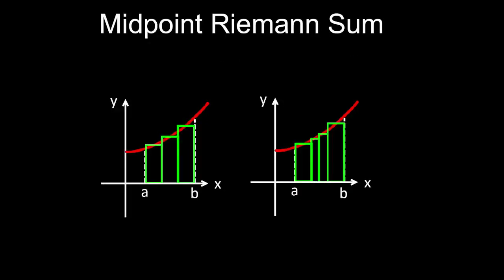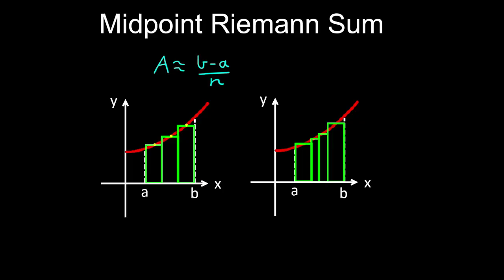To approximate the area under a curve in a finite interval using the midpoint Riemann sum, we use rectangles where the midpoint of each rectangle touches the curve. So approximating the area using uniform partitions, the width of each rectangle is b minus a on n.